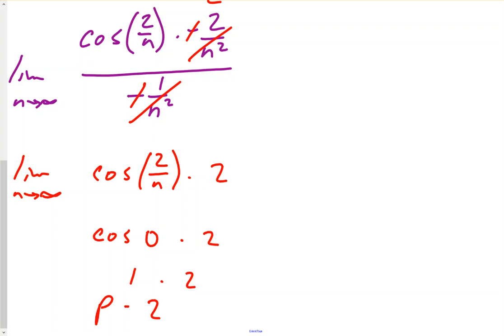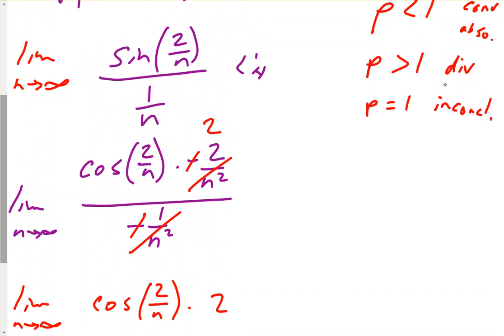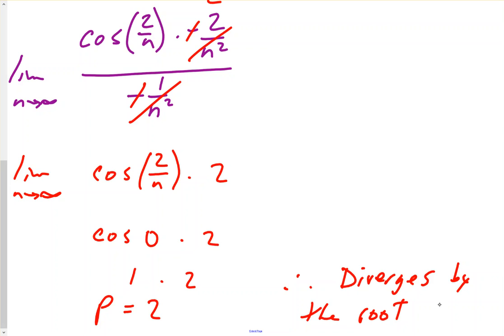So our rho equals 2, and the condition was if rho is greater than 1, we get a divergent series. So therefore we would say it diverges by the root test. And that would be it.